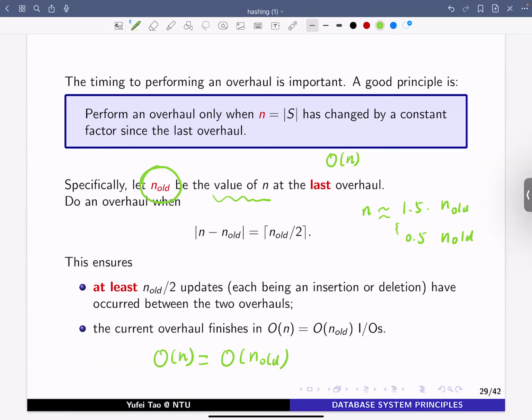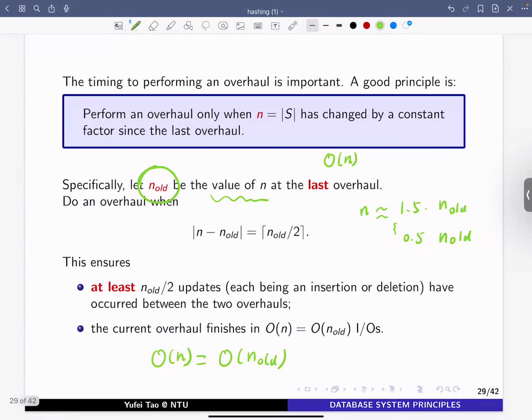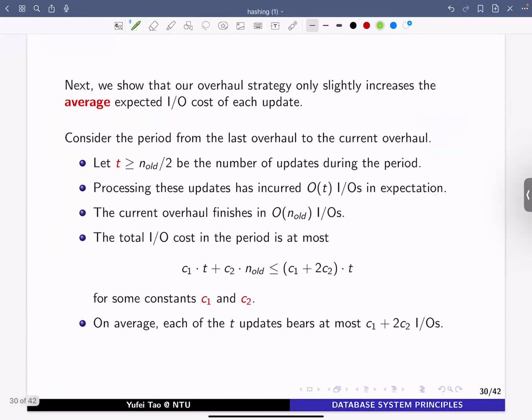Very nice, so this is the condition for triggering overhauls. If you don't care about analysis, you can stop here. For those of you who want to understand why the overhaul is okay, let's proceed.